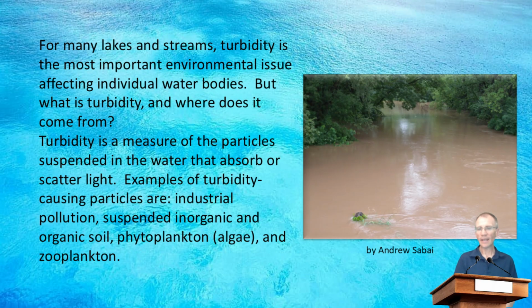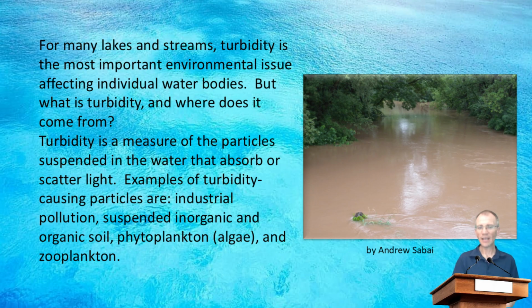For many lakes and streams, turbidity is the most important environmental issue affecting individual water bodies. But what is turbidity, and where does it come from? Turbidity is a measure of the particles suspended in the water that absorb or scatter light.